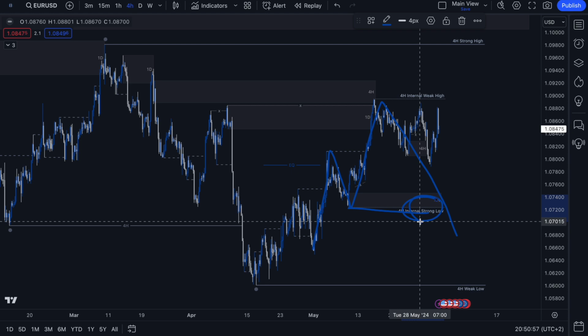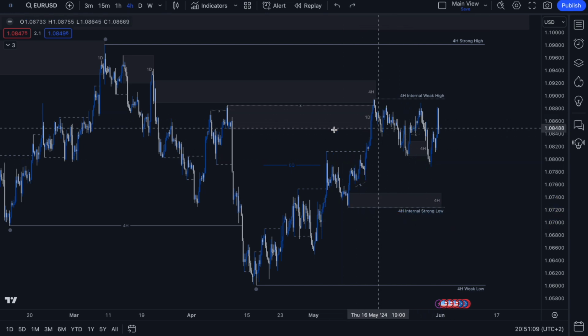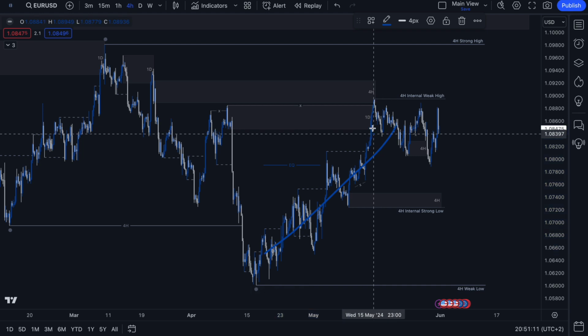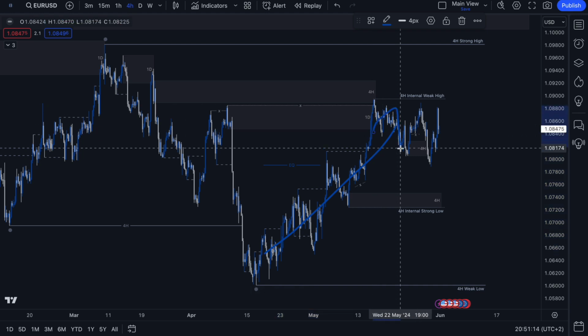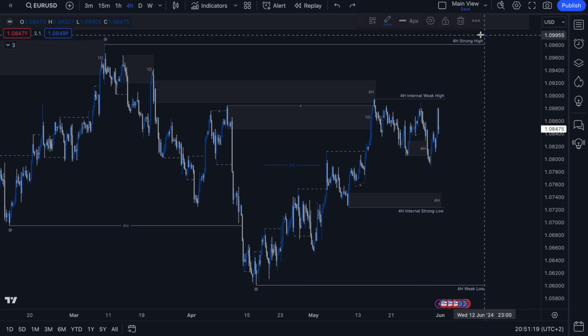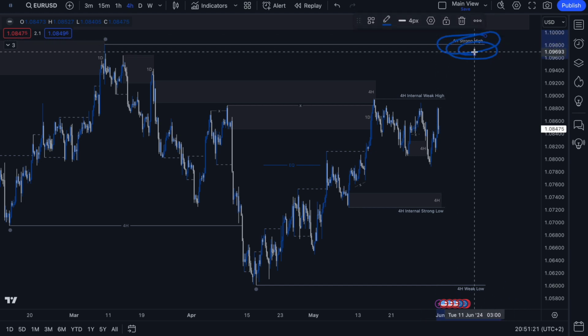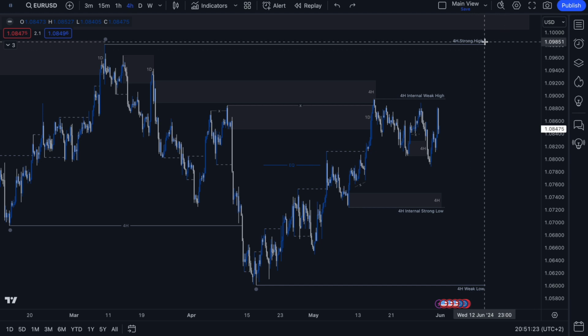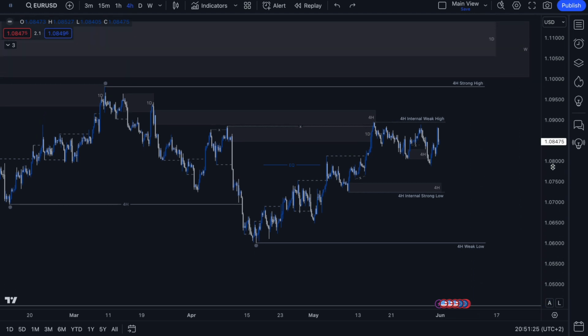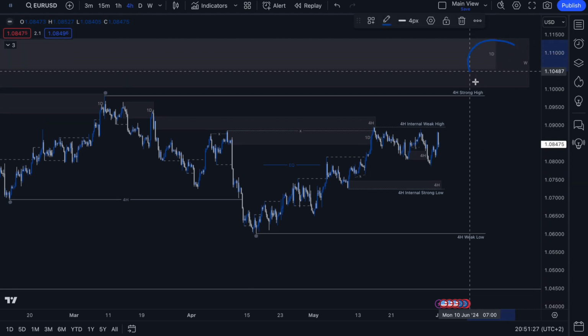And so until that internal structure has shifted, realistically, we haven't quite gotten confirmation that the continuation phase has begun. And so the fact that our 4-hour internal is still pointing bullish and that 4-hour pullback is still taking place, this is why there is that suggestion that price action could be looking to either sweep or violate the 4-hour strong high in order to facilitate a mitigation of this larger weekly supply.